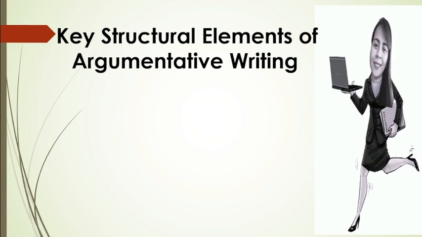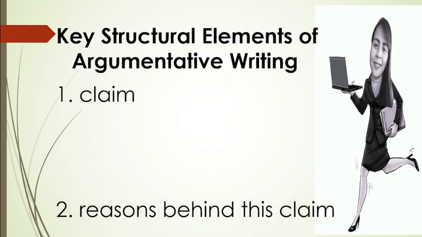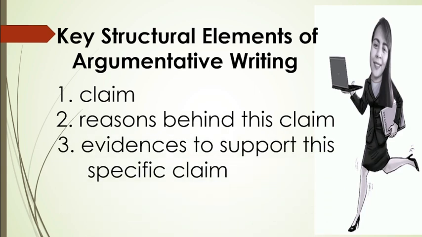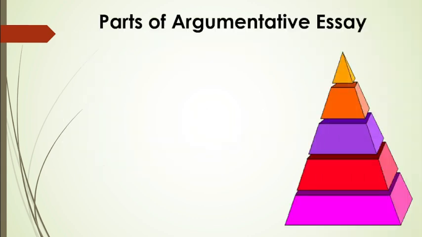Now, here are the key structural elements of argumentative writing. We have claim, reasons behind this claim, and evidences to support this specific claim. Let's proceed to the parts of an argumentative essay.